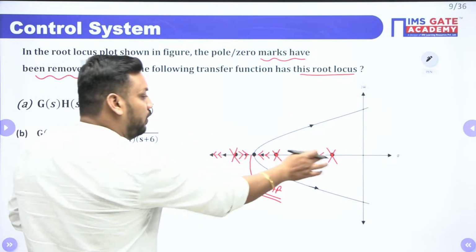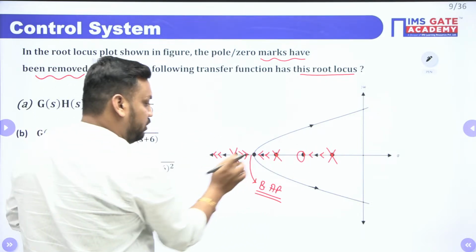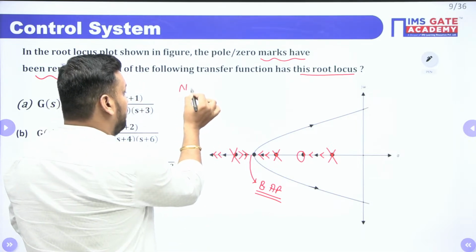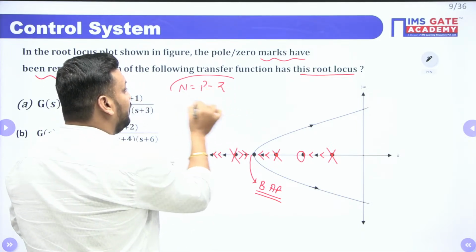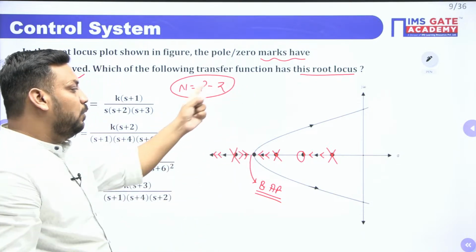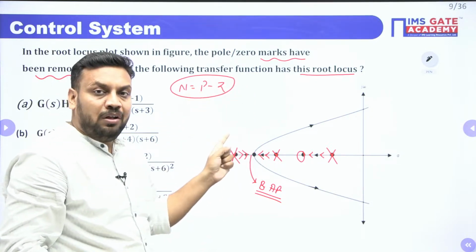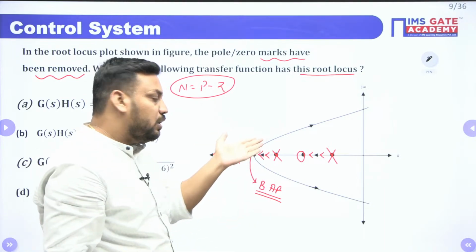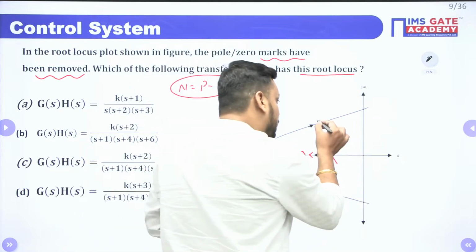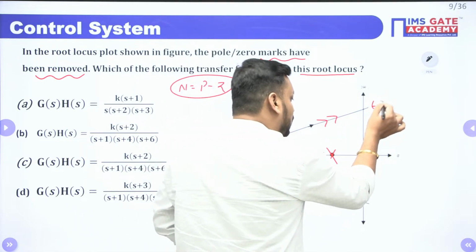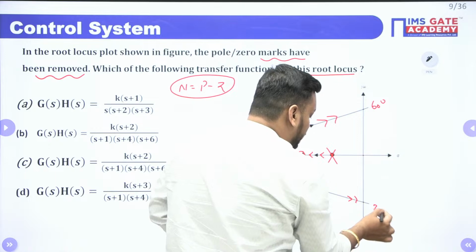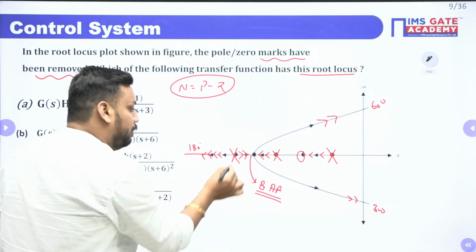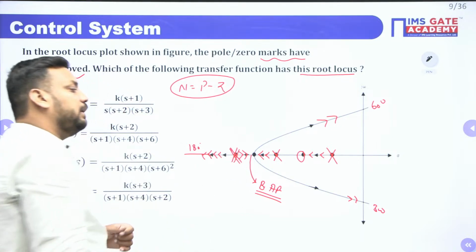Because in this position we have 1, 2, 3 poles and 1 zero. With 3 poles and 1 zero, n will be p minus z, which is 3 minus 1, equal to 2, meaning asymptotes at 90 and 270. But the asymptotes are not 90 and 270. One root locus follows 60 degrees, one follows 300 degrees, and one goes to infinity at an angle of 180. It means at this position we have two repeated poles.